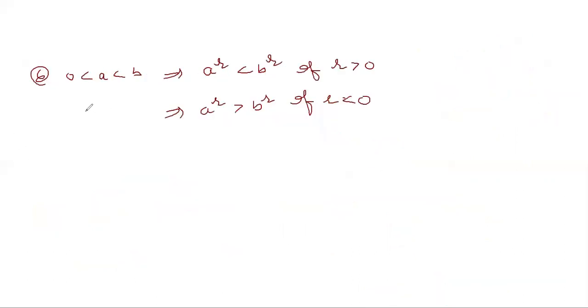Now let us see. When A is positive and 0 is less than A is less than B, then A to the power of R is less than B to the power of R if R is greater than 0. What is the meaning of this? Already you know that 2 is less than 3. Now I am going to square both sides, because R is a positive number.